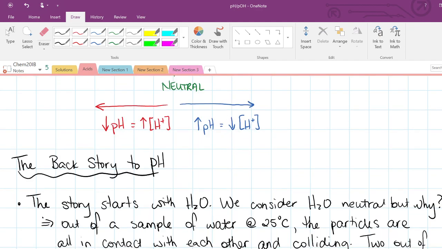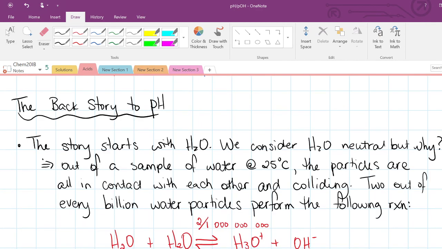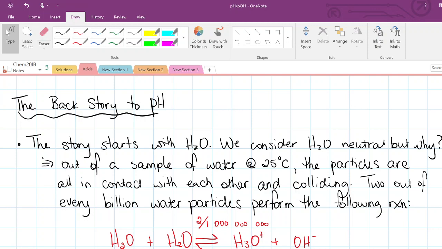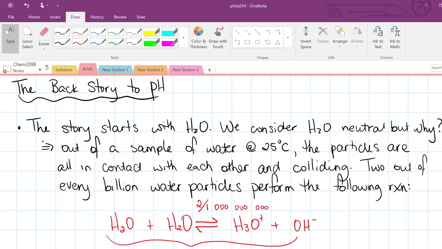So the backstory to why water has some hydrogen ions. Water undergoes something that's called auto-ionization of water. And basically what happens in a sample of pure water is that 2 out of every billion molecules will collide with enough force that one of those hydrogens actually gets bumped off of this molecule and it gets attached to the other water molecule.